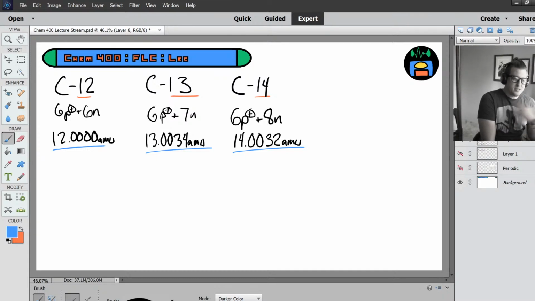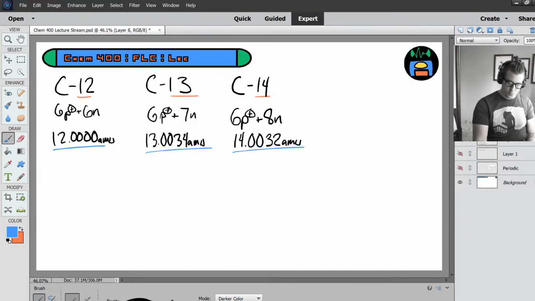And a simple solution to this you might be thinking, well, maybe the mass on the periodic table is an average, right? Maybe because there's 3 isotopes, it makes sense that the mass that's reported is an average of all these 3. Well, that answer is not wrong, but it's also not 100% correct. There's an added detail.